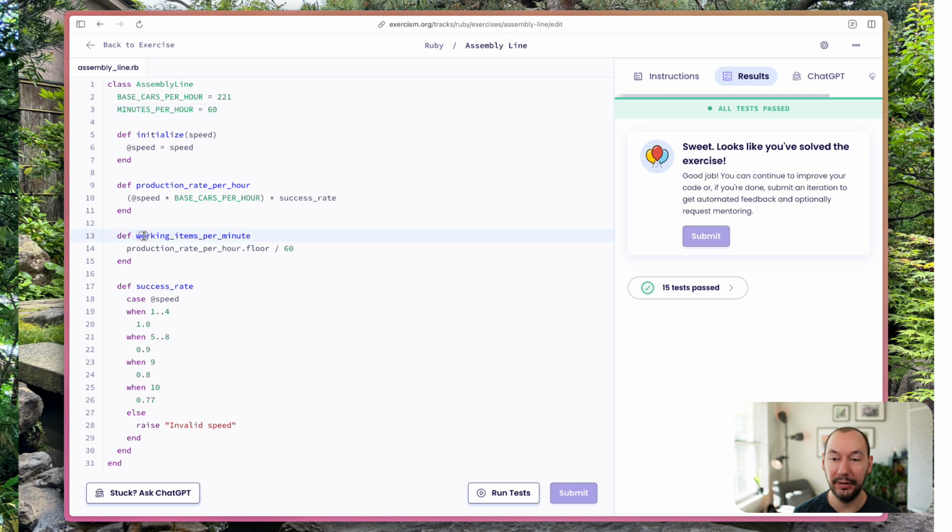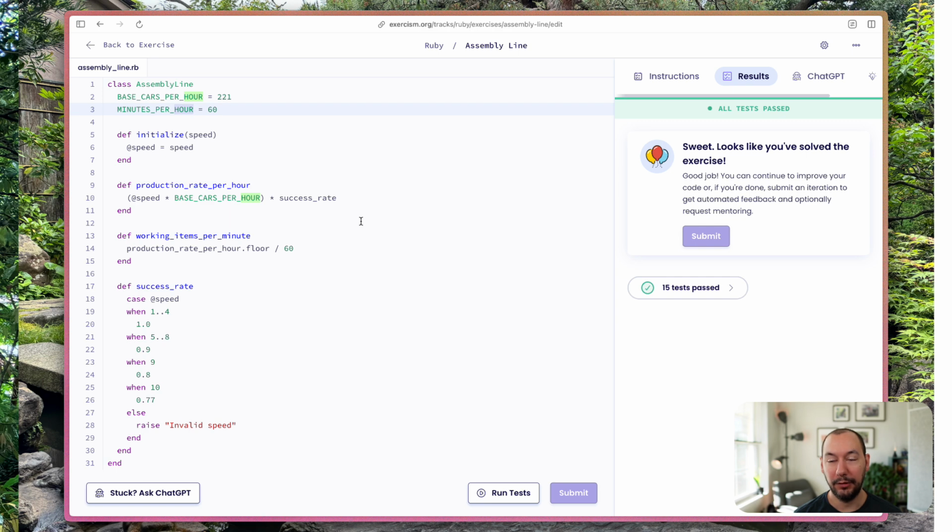Working items per minute. Right, so could we just do minutes here? Minutes per hour. Working items per minute. I kind of want it to be a little bit more generic.